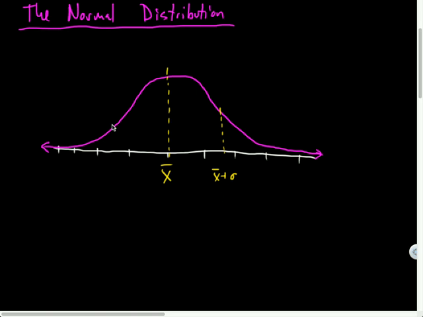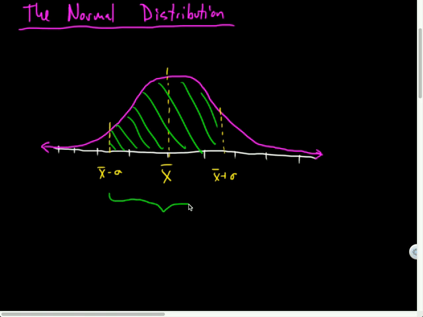And over here would be x bar minus sigma. Typical data gathering would result in the area between one standard deviation above and one standard deviation below containing typically 68.3% of my data.